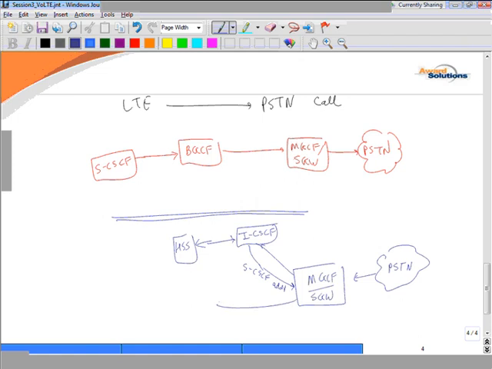And then we can reach our UE. Okay, so that is basically the UE originated and UE terminated call.